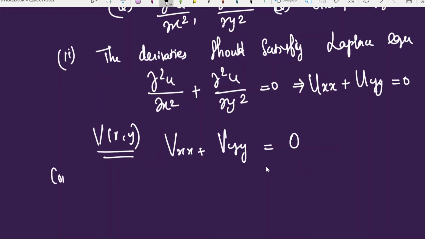Conjugate harmonic function. Next one is conjugate harmonic function.